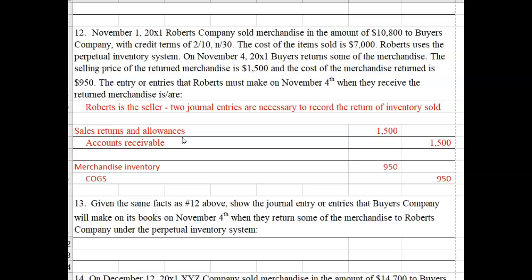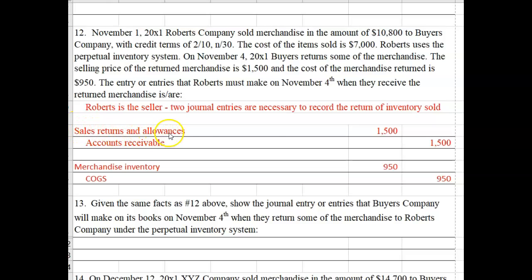Roberts is the company we're making the journal entries for. Roberts is the seller. Two journal entries are necessary to record the return of inventory sold. The first journal entry is to reverse the sale, and the second journal entry is to reverse the cost of goods sold and put the merchandise inventory back on the shelf.